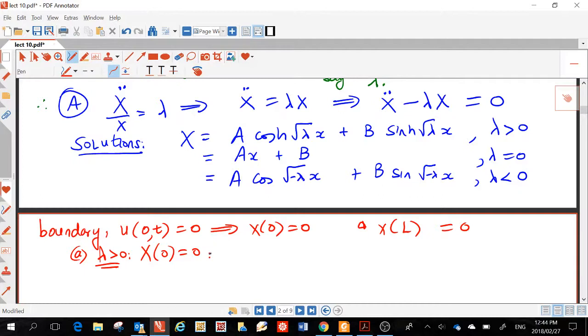So it will be a cosh naught plus b sinh naught equals naught. Cosh naught is 1, so it's a plus b times, well, sinh naught is 0, equals naught. And this means that a is naught.